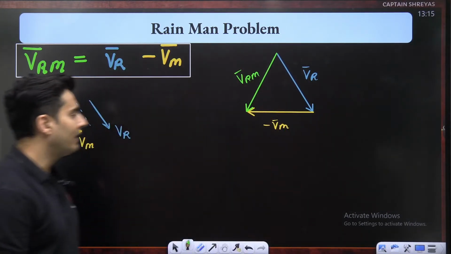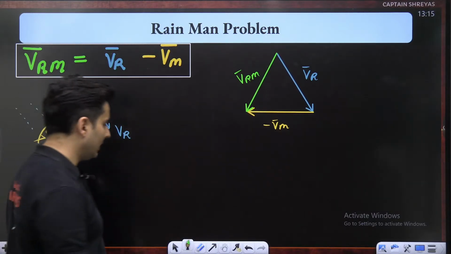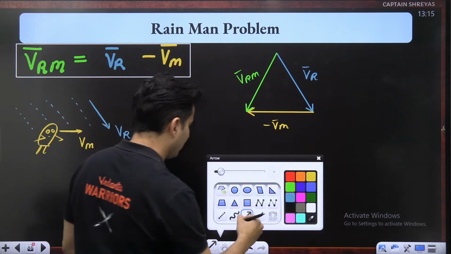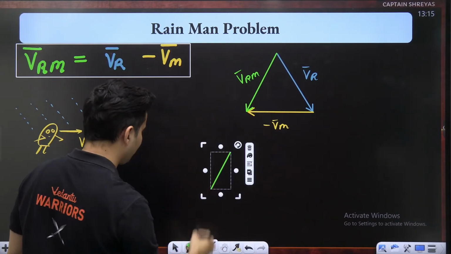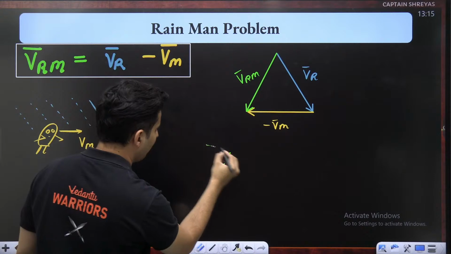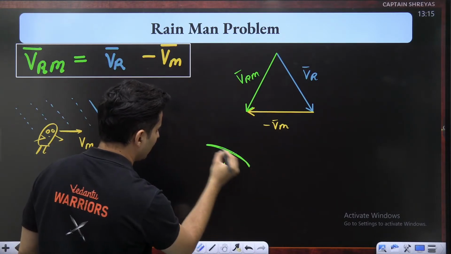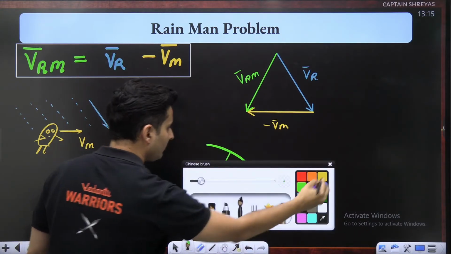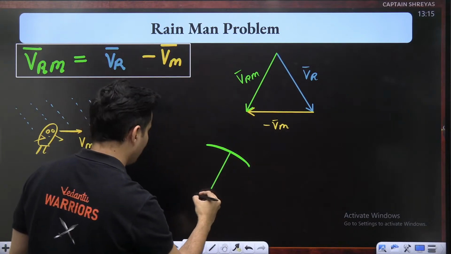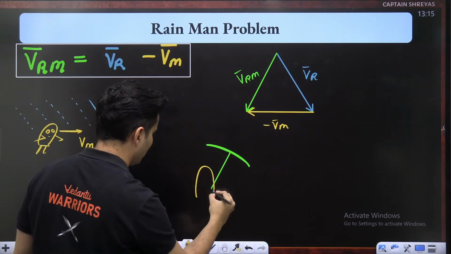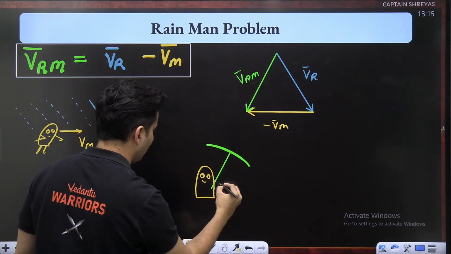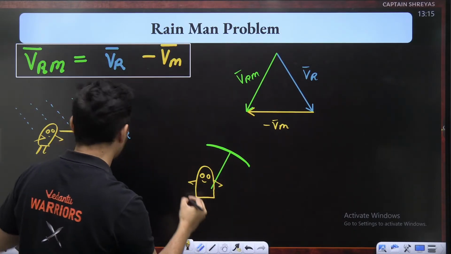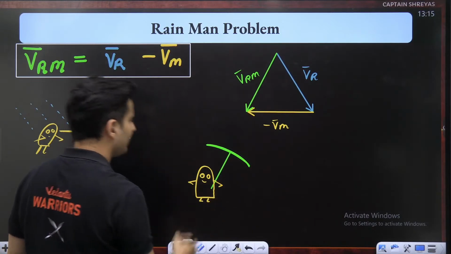This is basically your VRM, which means this particular Pandu will hold the stick of the umbrella in the exact same direction, like this. So his umbrella or that protection will be like this. And our Pandu will be very, very happy. Like you can see, he was not that happy over here while he's running.